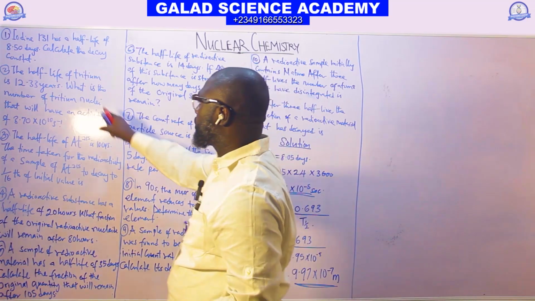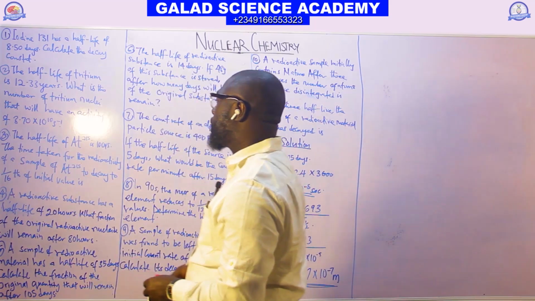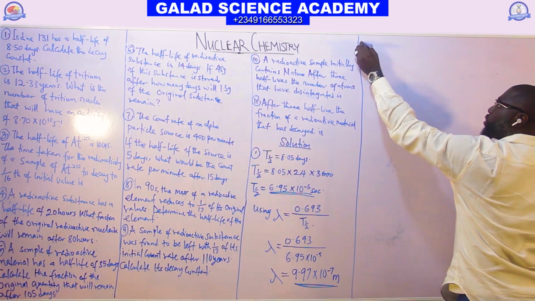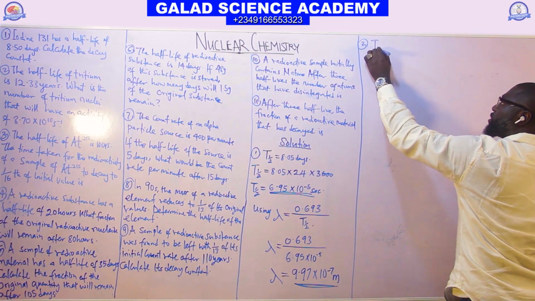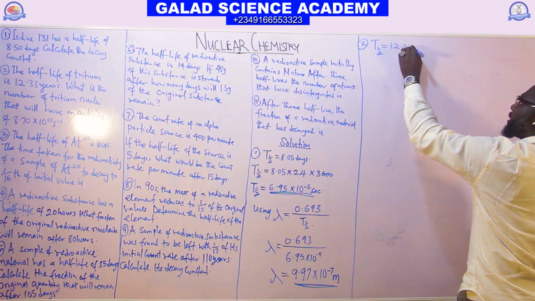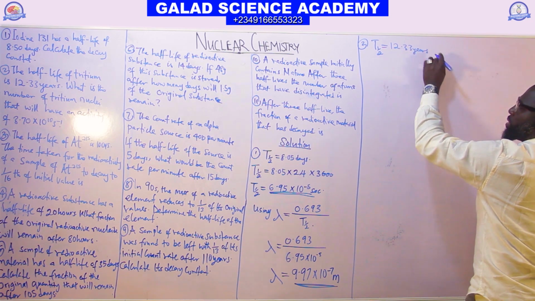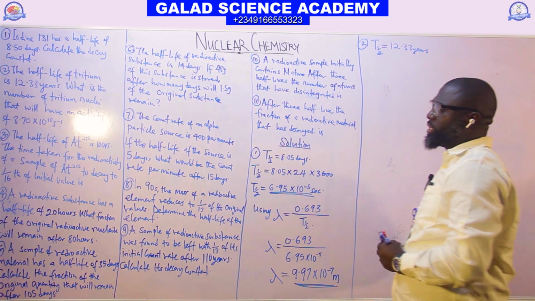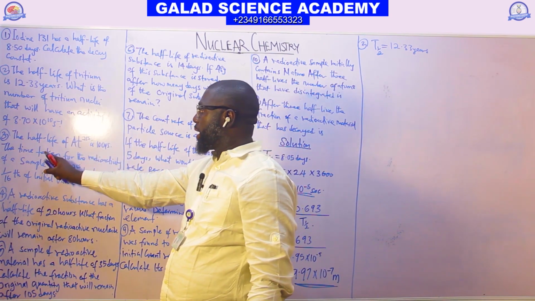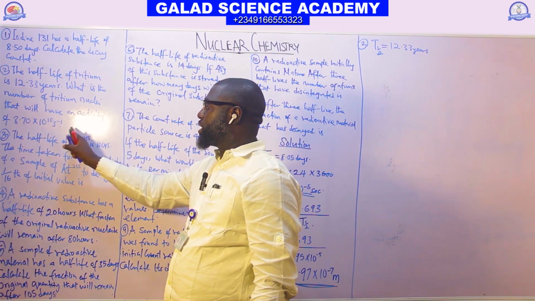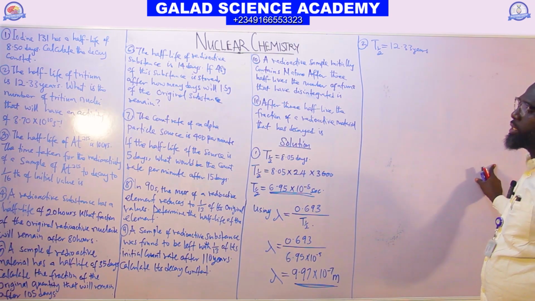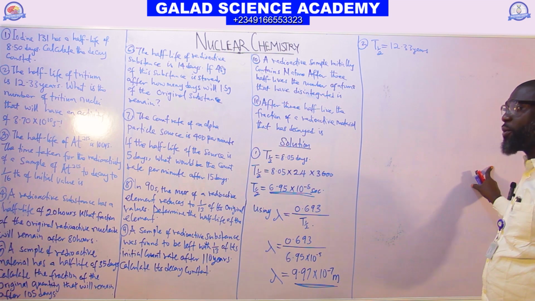Check question number 2. The half-life of tritium is 12.33 years. What is the number of tritium nuclei that we have for this activity? The number of tritium nuclei we are looking for.